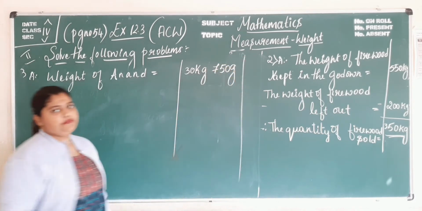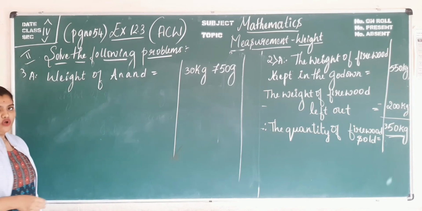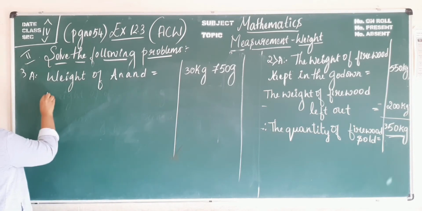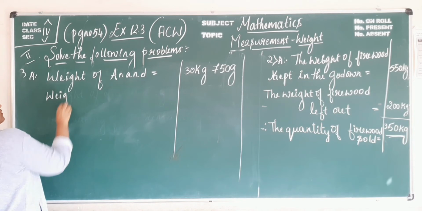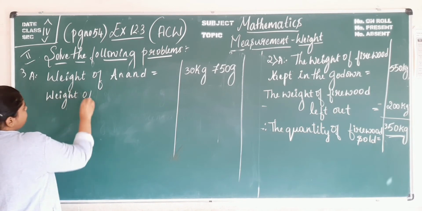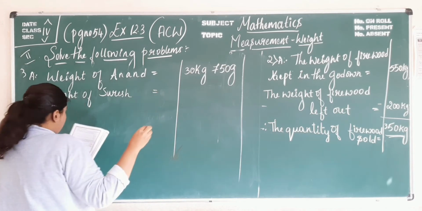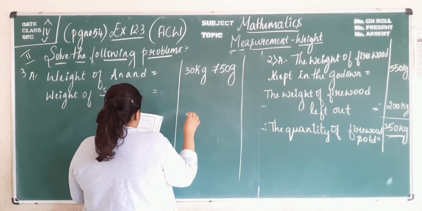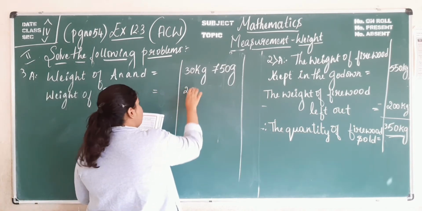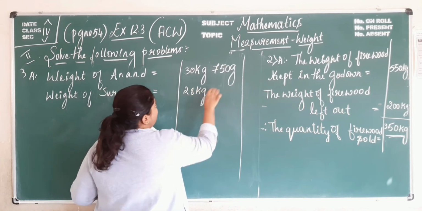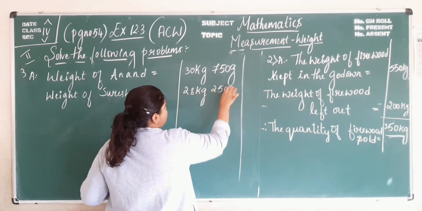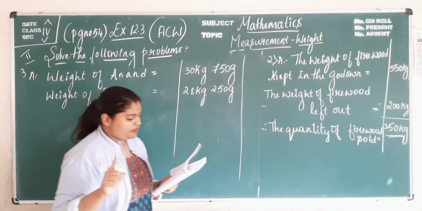What is the next statement? Weight of Suresh is equal to 28 kg 250 grams. So now what is the first sub question here?